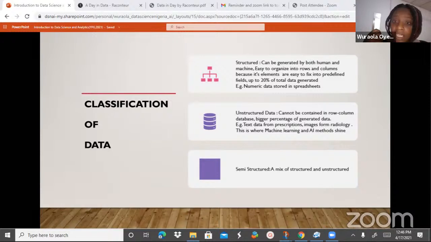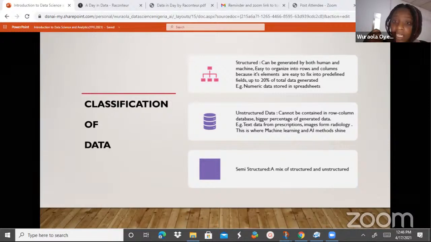That's a lot of the data that many people come across, the ones you put in your spreadsheets, the numbers in rows and columns. This is probably what you have exposure to right now. It's mostly structured data that we come to.